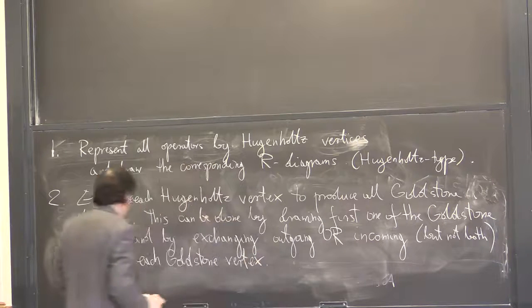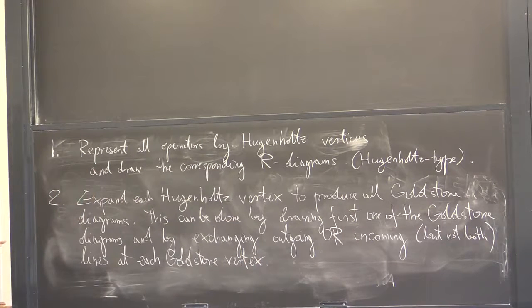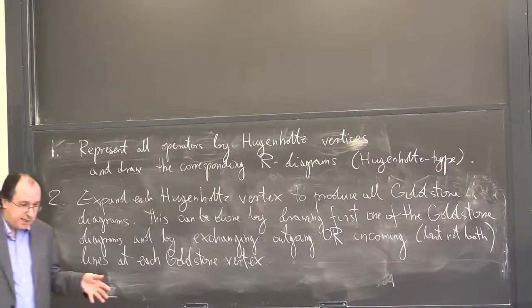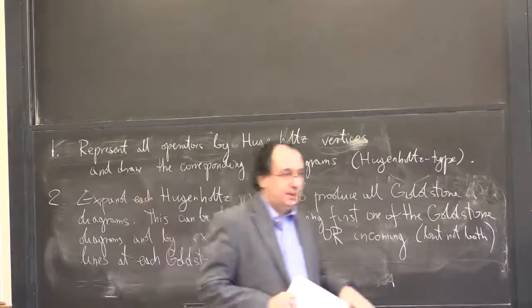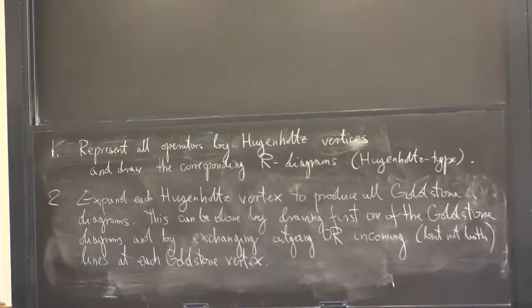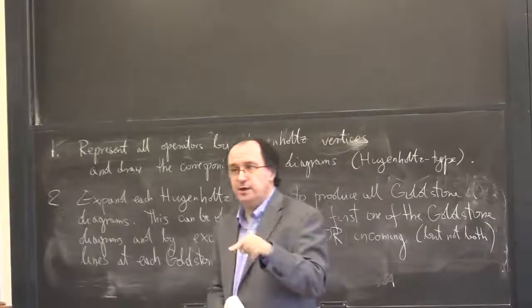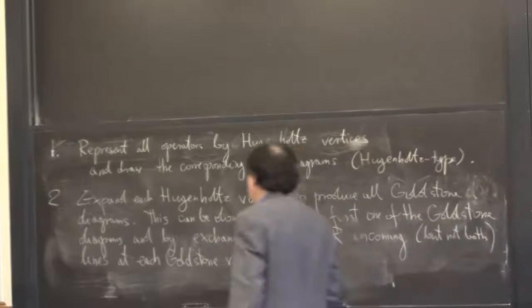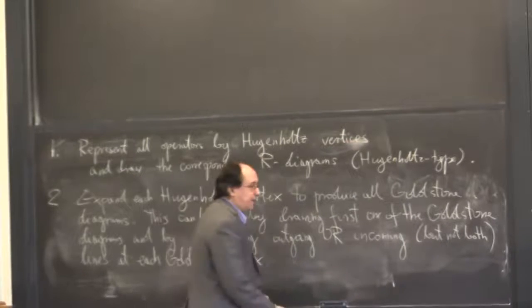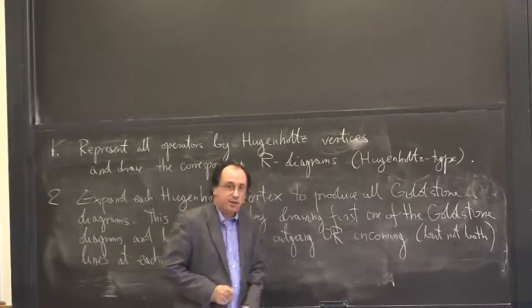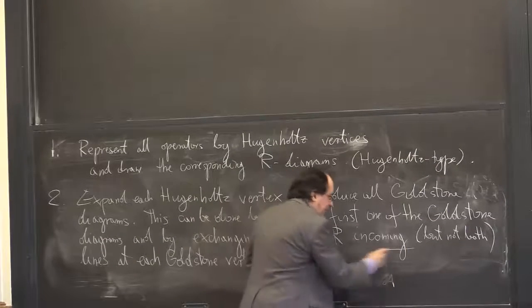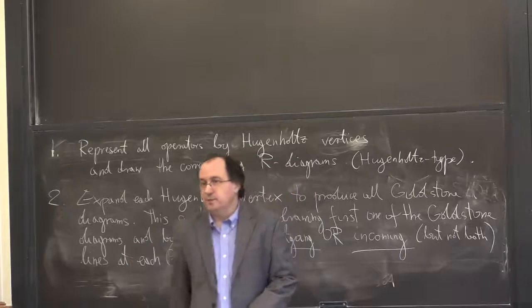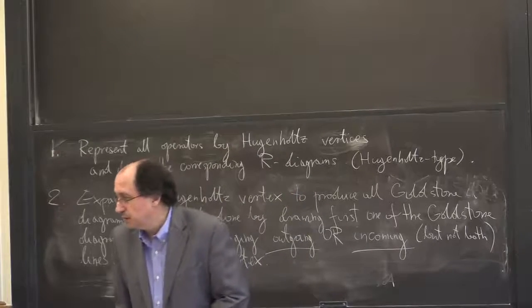Okay? So in the first step, you simply first produce all Hugenholtz diagrams from the Hugenholtz vertices. In the second step, you pick up one Goldstone, just like you do Brandow. You start with one, and then you start exchanging lines at each Goldstone vertex to produce the remaining Goldstones. Okay? But what is important is that you have to select which lines you want to exchange. Outgoing or incoming, but not both, because then you'll be multiplying your work unnecessarily, producing really many copies of the same diagram.